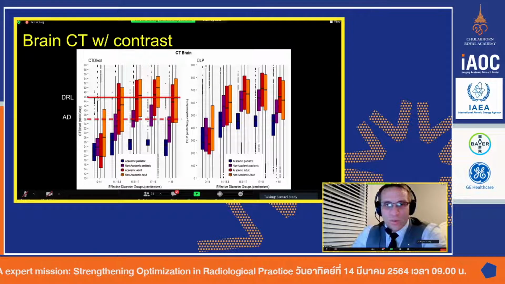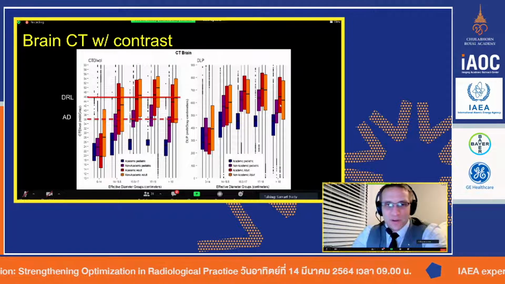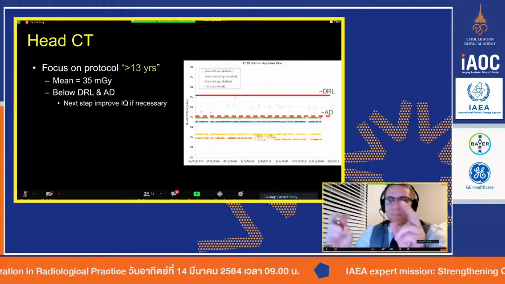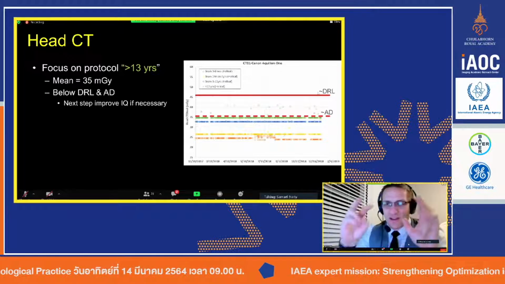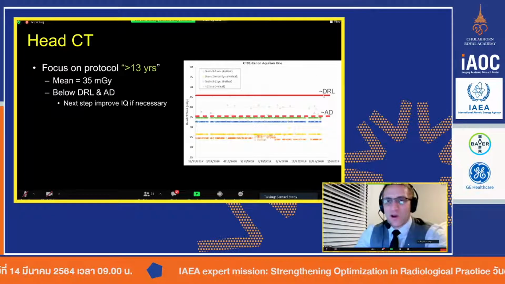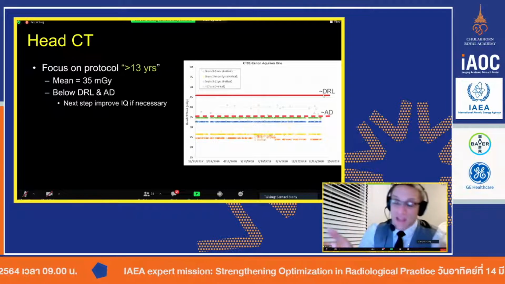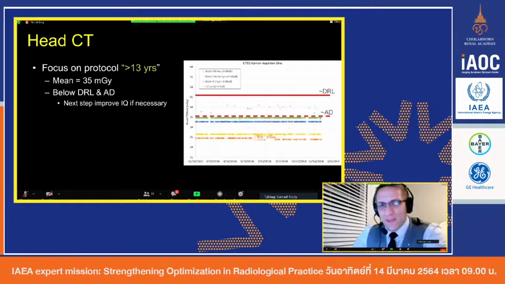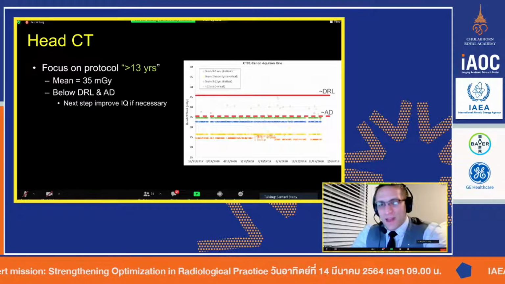But what I now am going to do is put this little tilde here, this approximate, because they're not actual national DRLs anymore. This is just data I acquired. It was national data, but it's not been sanctioned as a national DRL. And so I apply that to our data here.